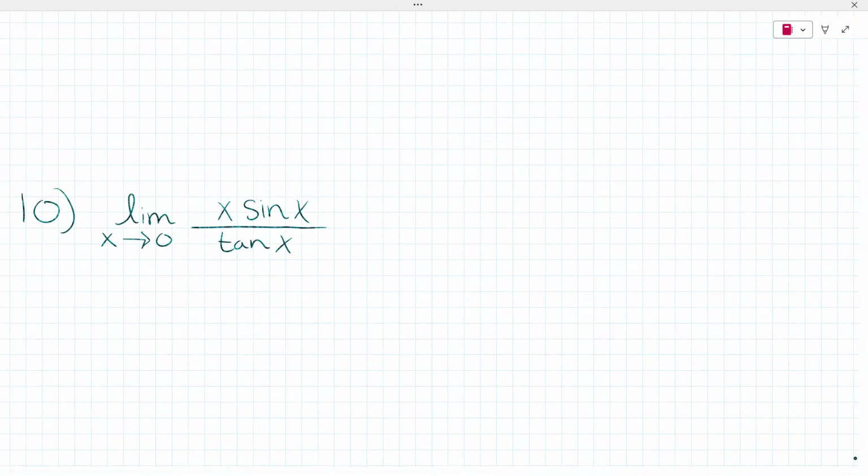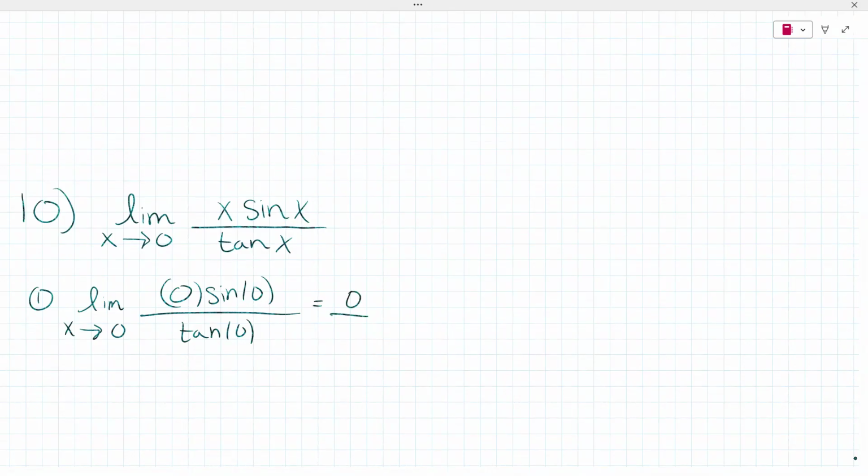I would just try plugging it in. So it's 0 times sine of 0 over tan of 0. And you get 0 over 0, which is indeterminate form.